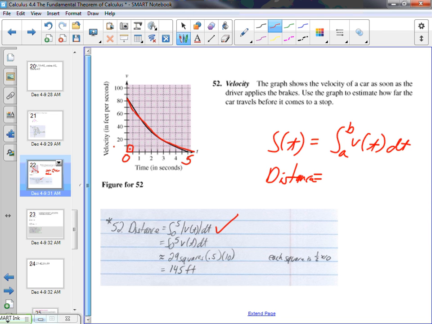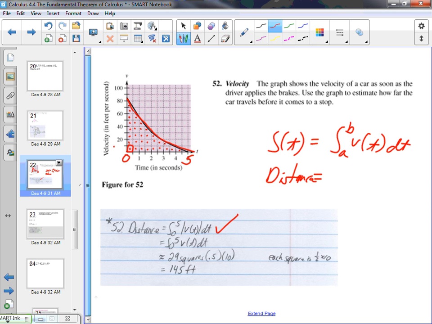I went 1, 2, 3, and so on up to 22 whole ones. Then 23, 24, those two together, 25, those two together, 26, most of a 27. That definitely puts me over 28. That one and that one, 29. Okay?